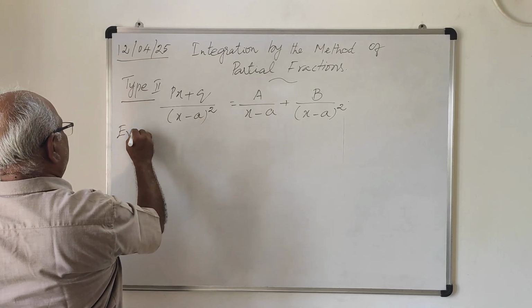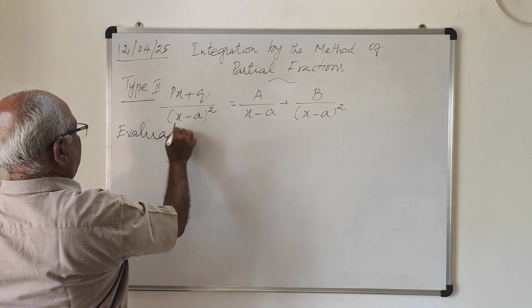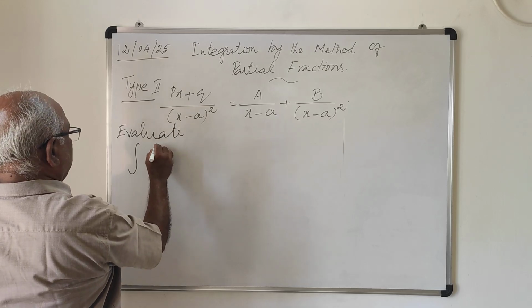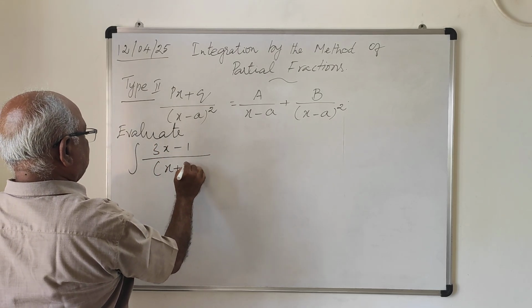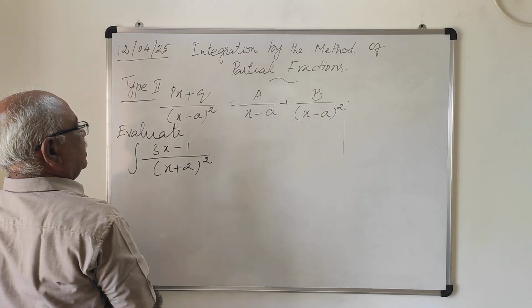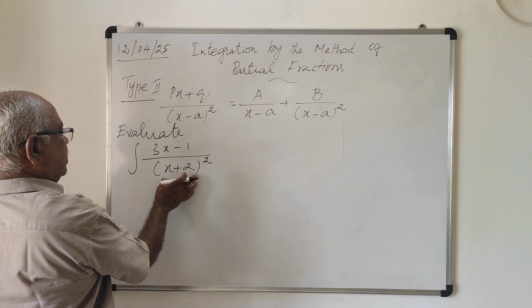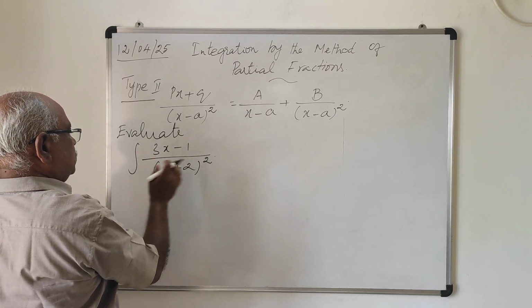Evaluate the integral of 3x minus 1 by x plus 2 the whole square. Here, the denominator term is a multiple factor, x plus 2 the whole square.